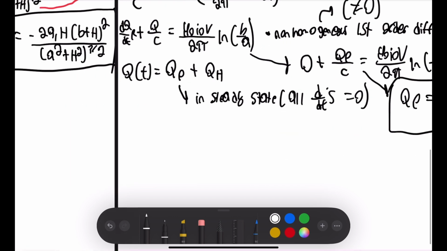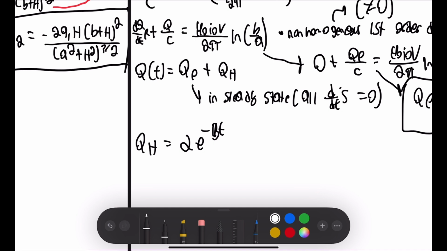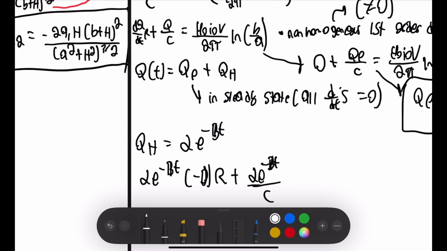And then q homogeneous. Remember, q homogeneous for first orders, because it's different for second orders, is going to be alpha e to the negative beta t. And then I just plug that in wherever I see it. So for the derivative, it's going to be itself, alpha e to the negative beta t, and the chain rule, so negative beta, times the resistance R, plus q, where q is alpha e to the negative beta t, over C. And this is the homogeneous solution, so we set this equal to 0.